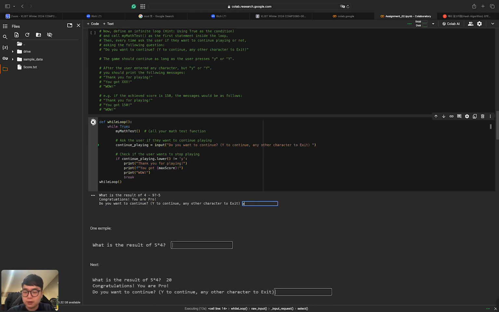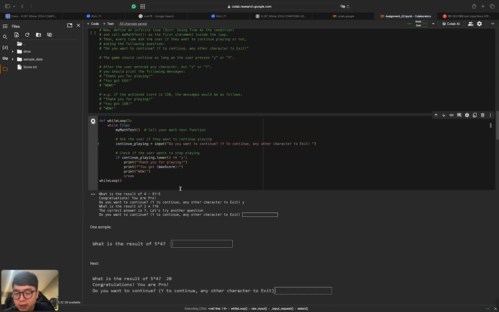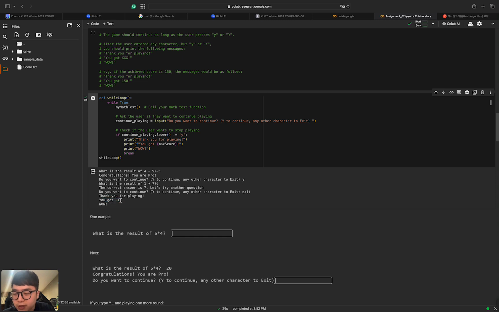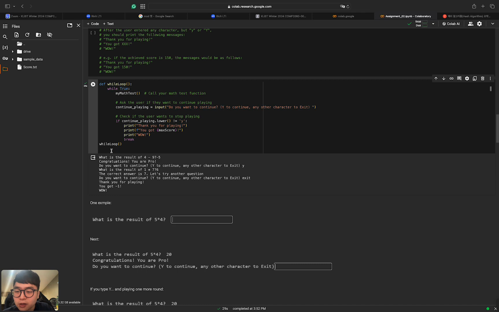If I put yes to continue, and for example I put the wrong answer 6, it gives me the correction with 7 as required, and it keeps asking questions. If I put exit, it gives me the score result and the conclusion messages.